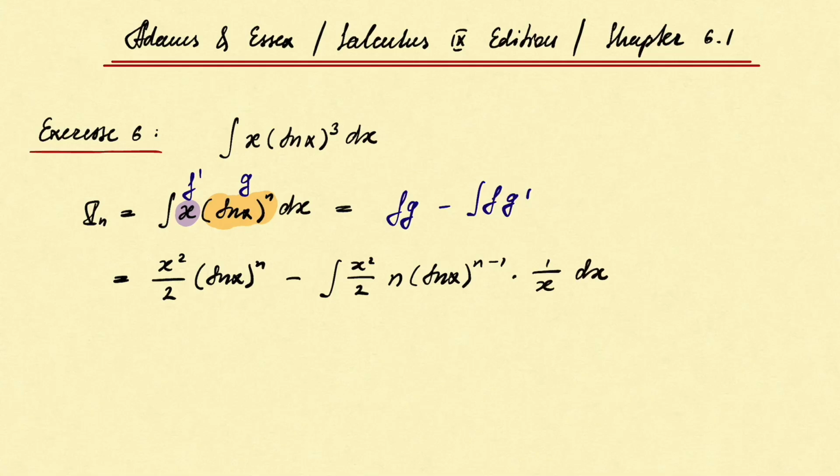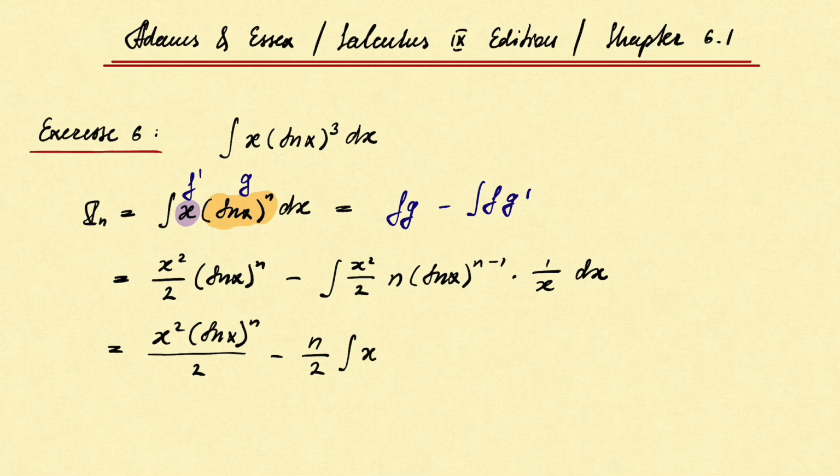So what we have in our hands is, let's write this, x squared ln x to the power of n over 2 minus, so let's just write n over 2 out of the integral sign, since it's a constant, n over 2 integral of, now here x squared and 1 over x cancel out, and we have x times ln x to the power of n minus 1 dx.